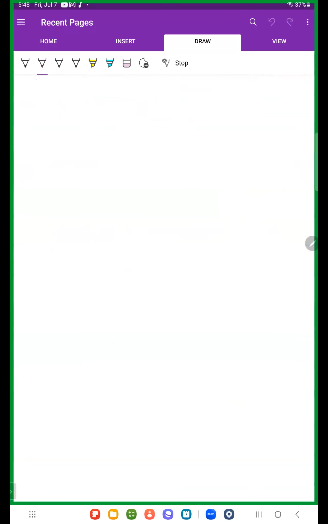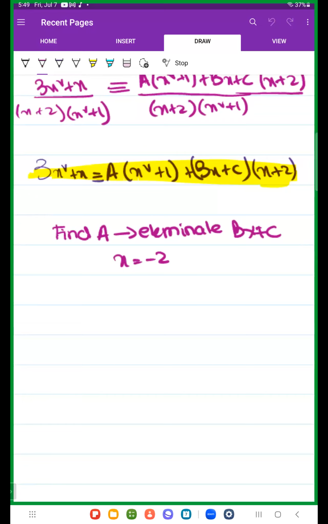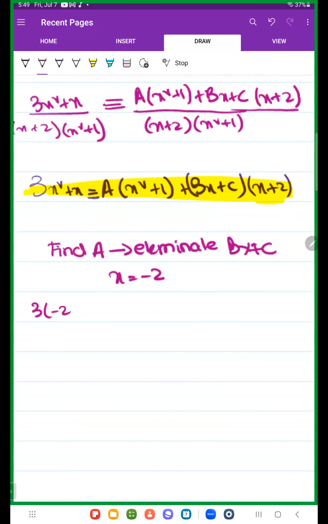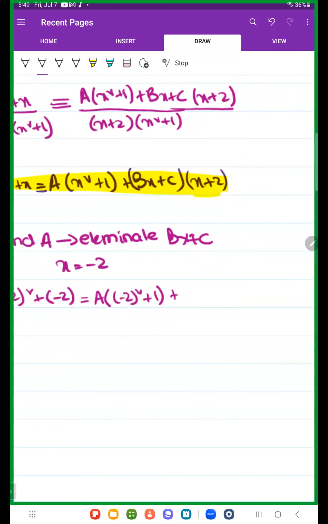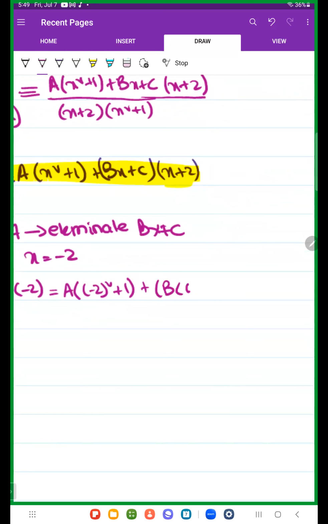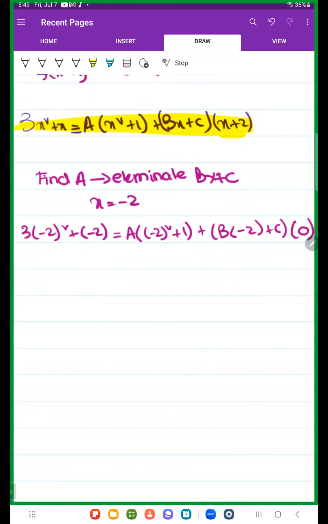Can you do this and tell me the answer for a? Is the answer 2? Yes, the answer is true.